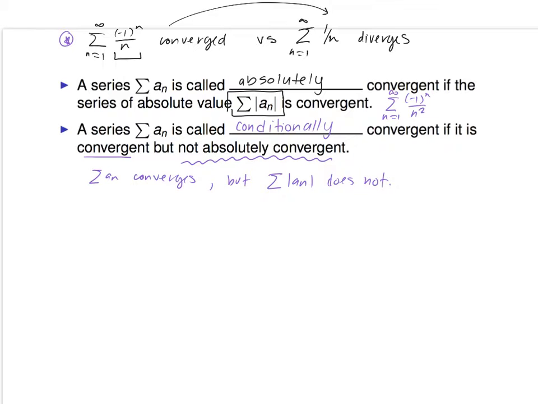Somehow taking away the positive and negative signs means all of a sudden that series doesn't converge anymore. What's an example of something that has that property? The series converges, but its absolute values don't. It's written on top. It wasn't a trick question. The example is the sum from n equals 1 to infinity of negative 1 to the n over n. That series converges, but when you take the absolute value of the stuff inside, no more convergence.